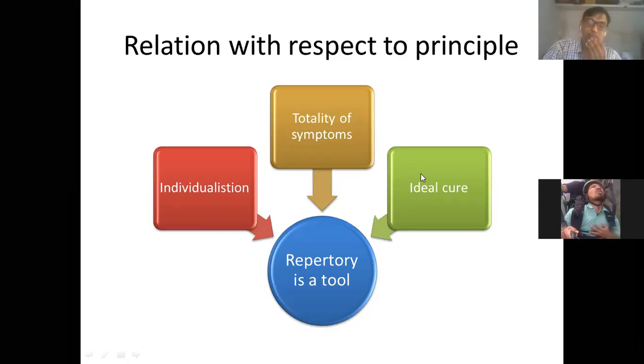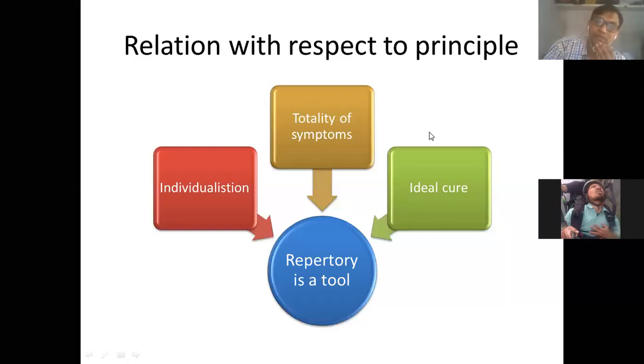And repertory has proved an important tool to apply the principles of individualization, probability of symptoms, and ideal cure in the sick individual, and thereby homeopathy has become more famous and more accepted by a large number of the public.